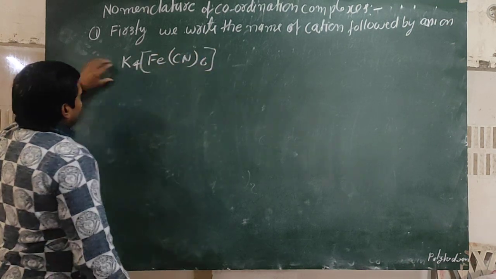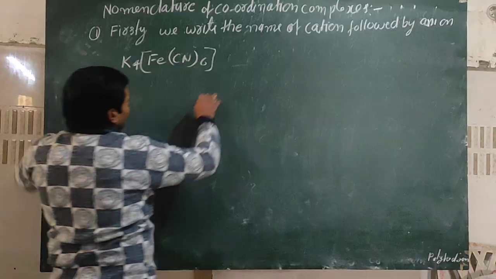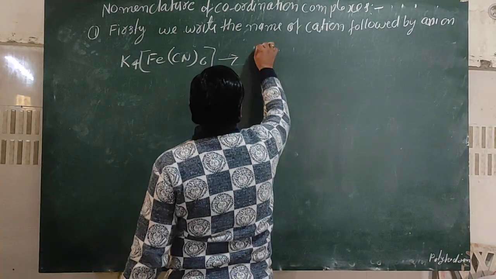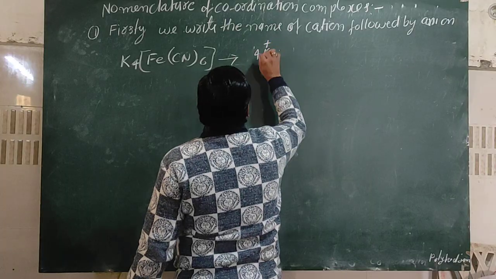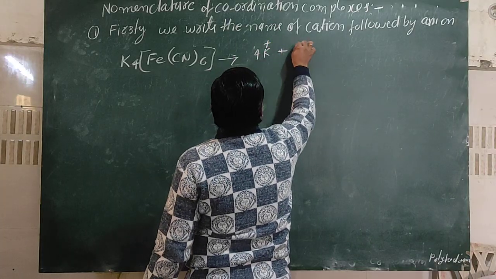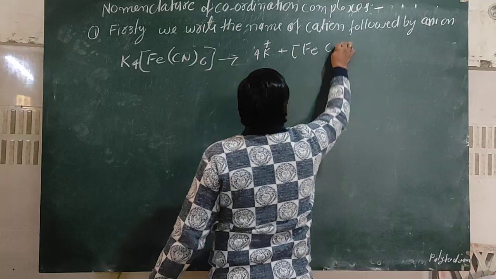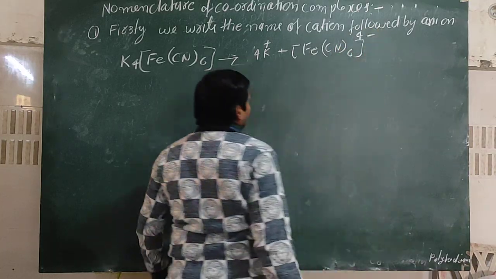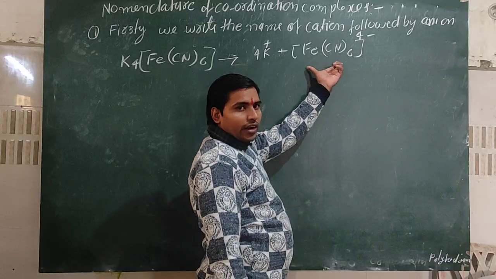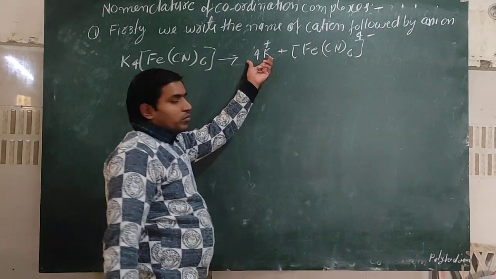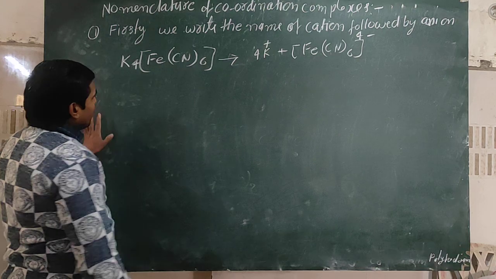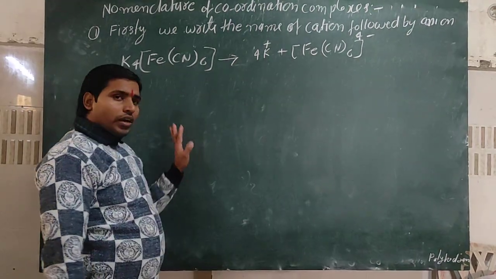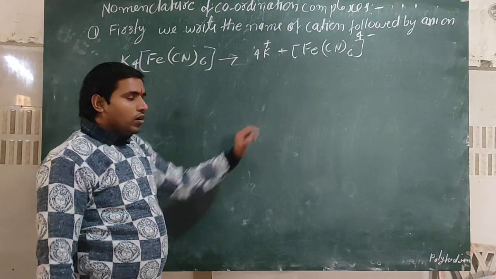In this complex potassium is the cation, because when we dissolve it in water it becomes 4K plus and [Fe(CN)6] 4 negative. This complex acts as the anion and potassium acts as the cation. So firstly we write the name of the cation followed by the anion. No matter whether the cation is present on the right side or the left side.